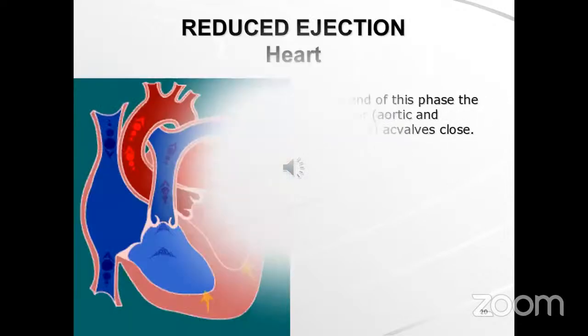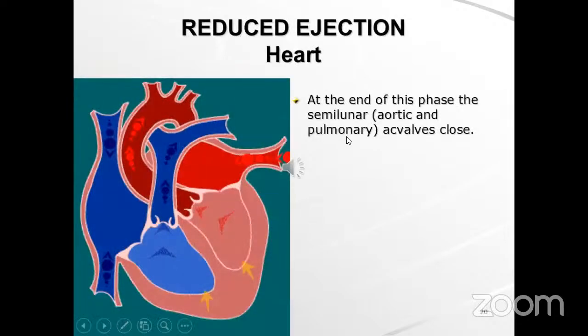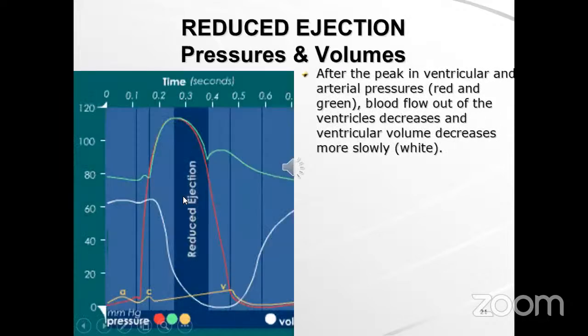The semilunar valve will close, since much blood has moved to the aorta and the pulmonary artery, so the pressure inside these vessels is more, and these valves will close.